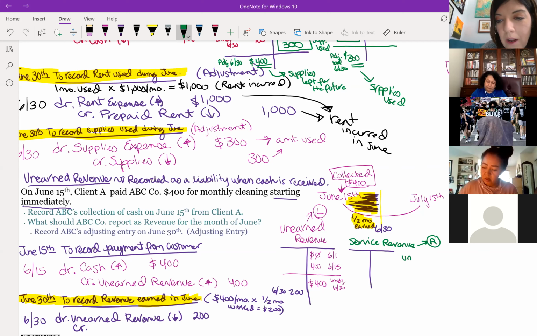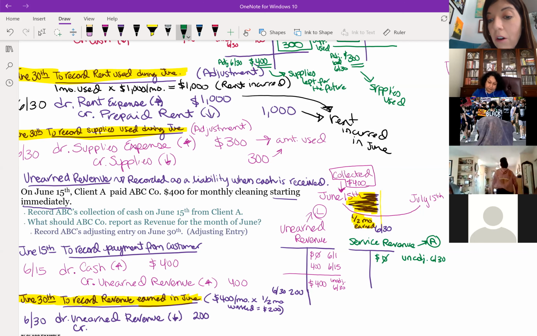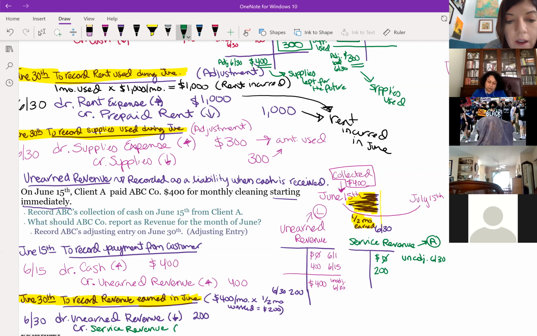So my unadjusted balance for service revenue would likely have a beginning balance because you've already earned other revenue unrelated to this contract, but I'm just going to say it's 0 for right now. And now we're going to recognize that $200 as earned. So we're going to credit service revenue, increasing my revenue account for $200 for the amount of revenue earned in June.